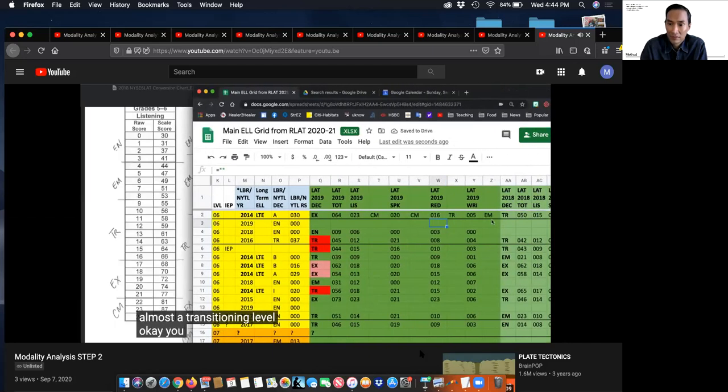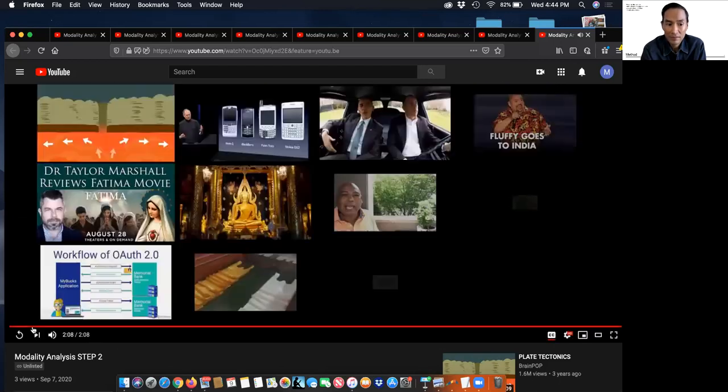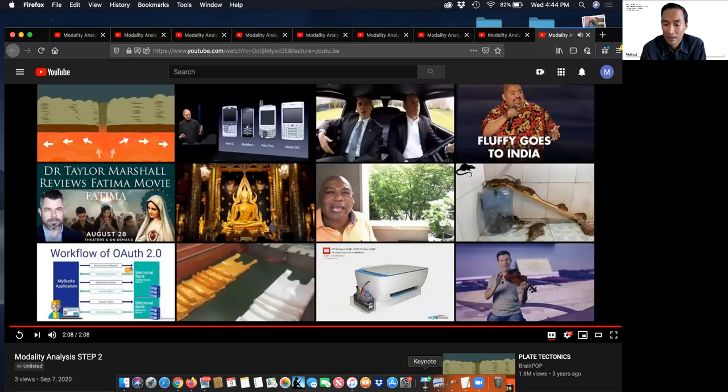Okay, you can see right off the bat, these scores, commanding, transitioning, and emerging, all are scaled to get a score of expanding as a final decision for this ELL.